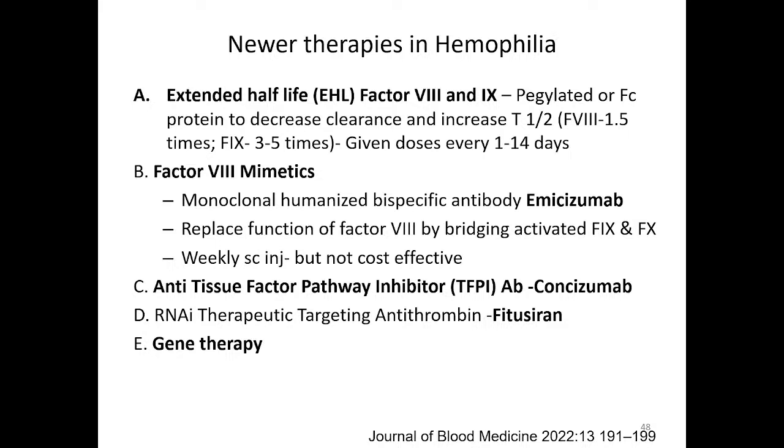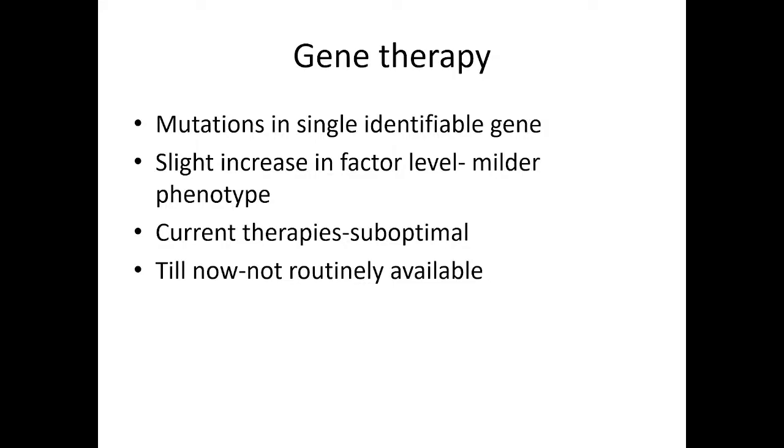A weekly subcutaneous injection is given, but it is not cost effective compared to factor 8 as of now, but it is available and the cost is decreasing year by year. Then anti tissue factor pathway inhibitor, TFPI, antibody Concizumab, then Fitusiran, which is also launched in India now. It is an RNAi therapeutic targeting antithrombin. Gene therapy is still under trial.